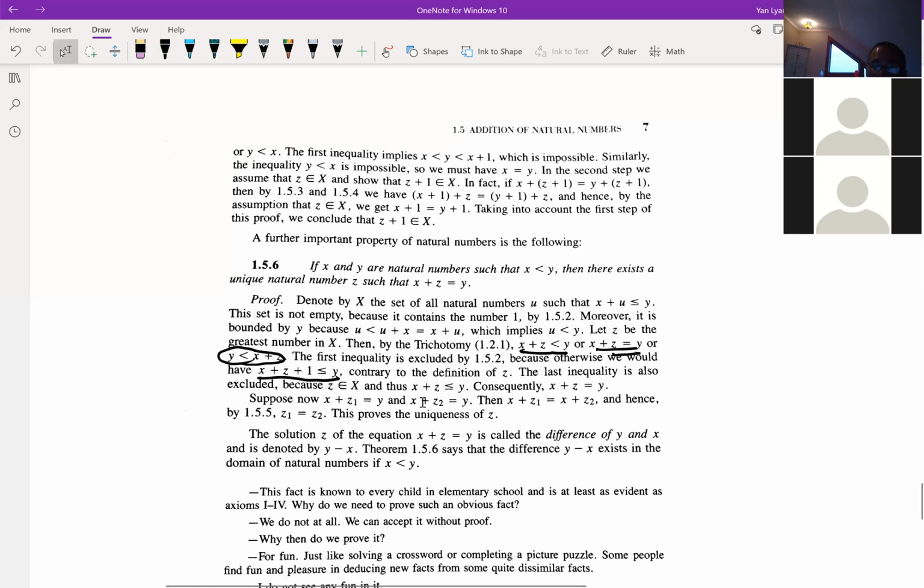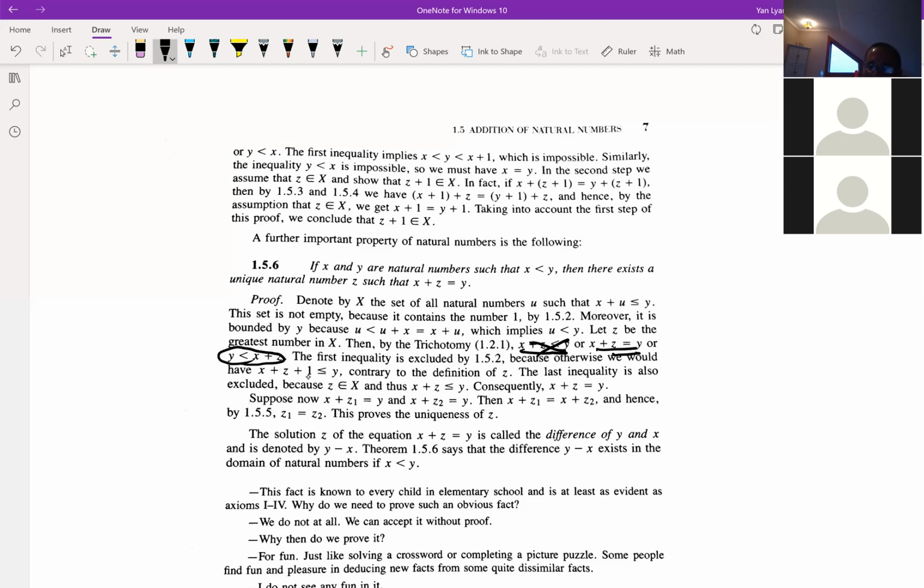That would be a contradiction. So this is eliminated. You can't have z be the largest element in the set and have z plus 1 in the same set.